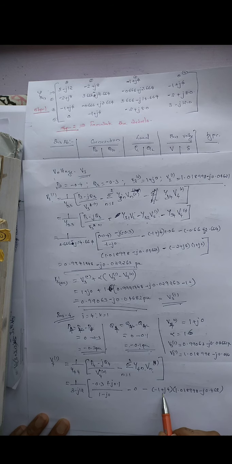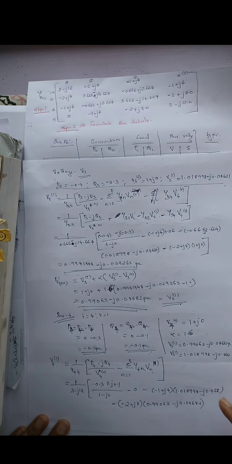So this was y42 and V21, minus y43. What was the value? That is minus 2 plus j8 into V31. V31 is 0.99063 minus j 0.04682. So this is the equation I am getting.